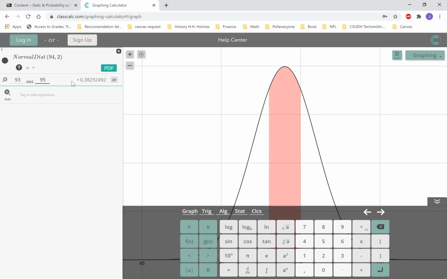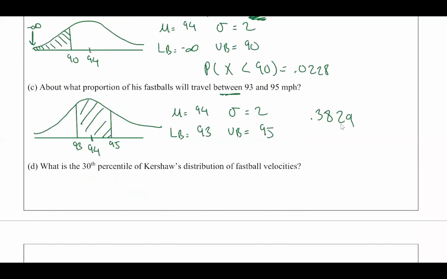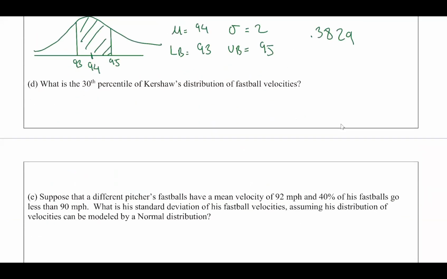Any question for part C? No. All right, so let's do the last part, part D. For part D, it says, what is the 30th percentile of Kershaw's distribution of fastball velocity?